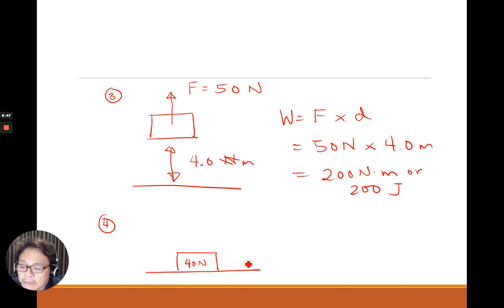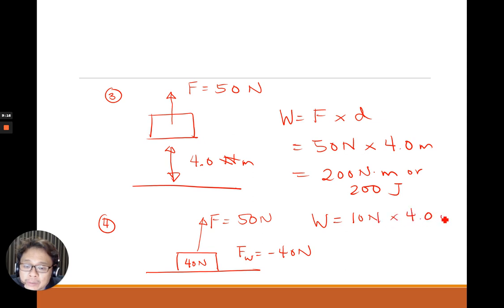That is FW, so FW is negative 40 newtons, and then you exerted a force upward, F equals 50 newtons. What would happen here is you have to get the F net. The F net would be 50 minus 40, which is 10 newtons. So the work is equal to 10 newtons multiplied by 4.0 meters, and this will give us 40 joules.